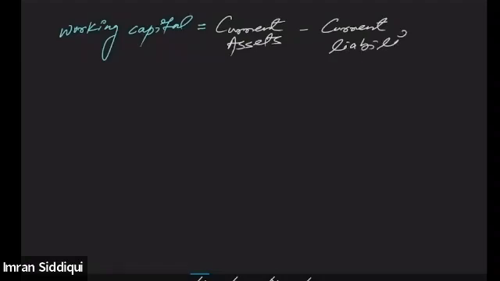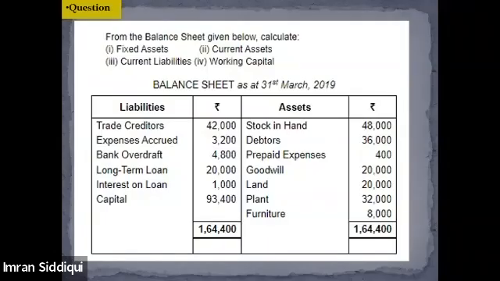This is it. So as soon as you find out the value of current asset and current liability, you'll be able to find out the value of the working capital itself. But in order to find out the working capital, you will first have to find out the current asset. You will have to figure out the value of the current liability. Only then will you be able to find out the value of the working capital, which I'm sure all of you will be able to solve.